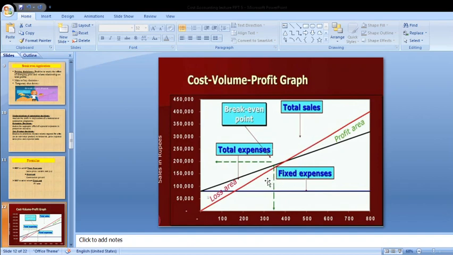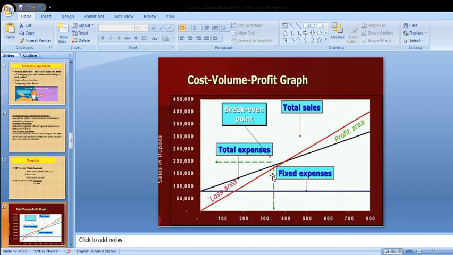Then this red line is the total sales, sometimes called TR, or the total revenue line. It starts at 0 and goes up, and at a particular point crosses the TC, or the total cost line. This point is nothing but the break-even point, because at this point you are able to cover all your costs, and beyond it you earn more revenue than your cost.